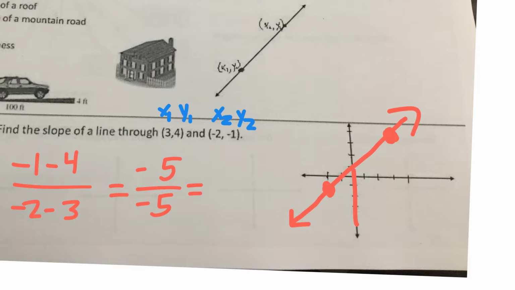If I wanted to find the slope, I could just count how much I rose over how much I ran. I'm rising 1, 2, 3, 4, 5. Then I'm running 1, 2, 3, 4, 5.